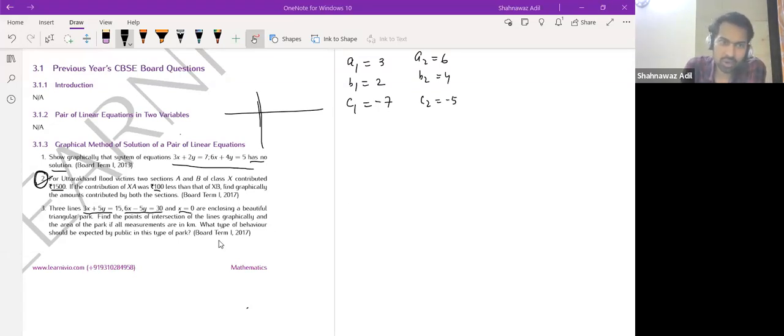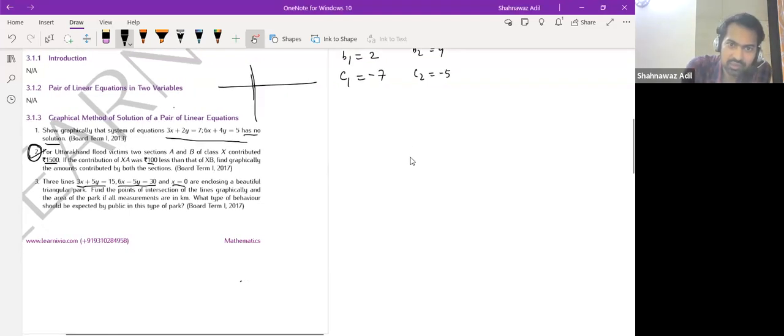Okay, so these are the linear equations. First, let us find out the points. In this backup class, I will write the equation and you guys find the points.